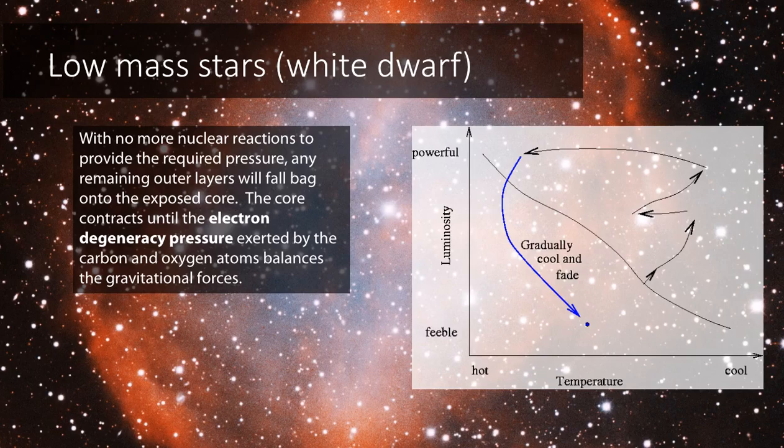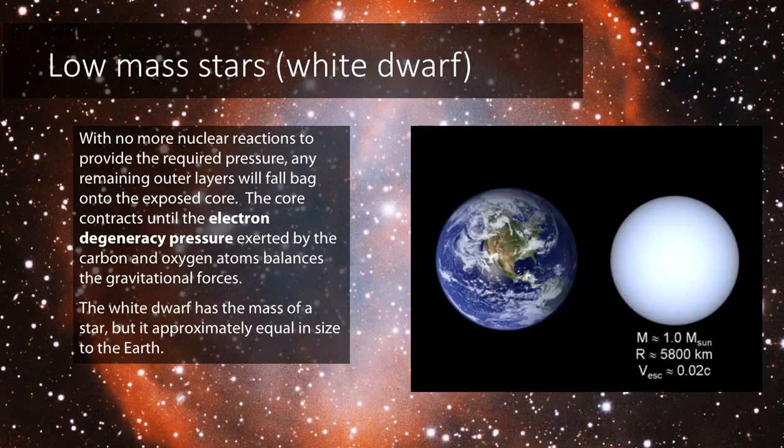And the only thing that stops it from collapsing further is the pressure of the electrons pushing on each other on the outer shell of the atoms. So this electron degeneracy pressure. The consequence of that is that a white dwarf might well have a mass up to or maybe slightly over the mass of our sun. In fact, the maximum mass that a white dwarf can have is just over 1.4 times the mass of our sun.